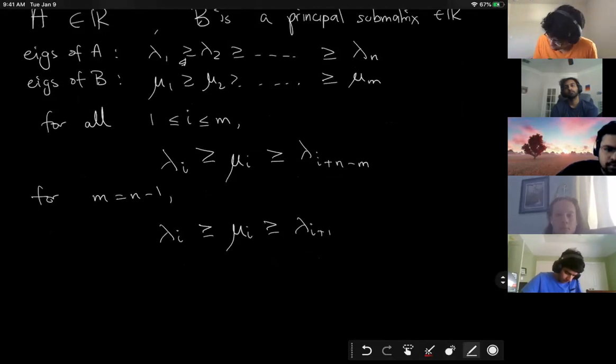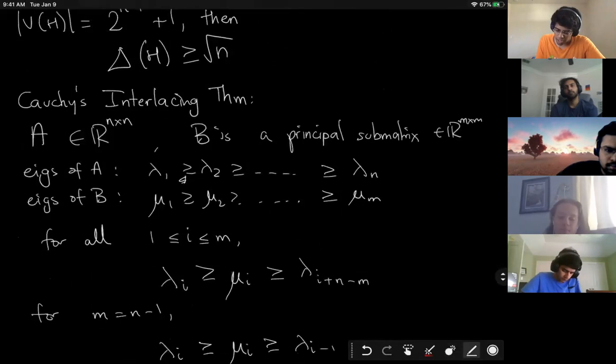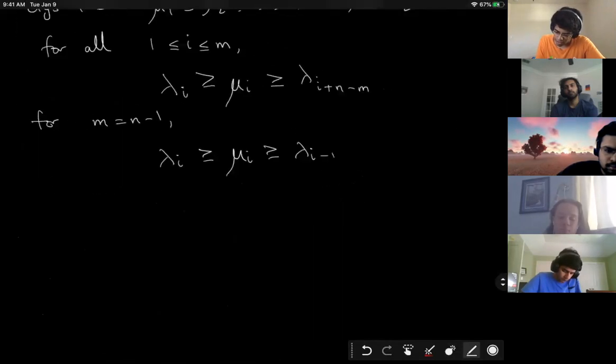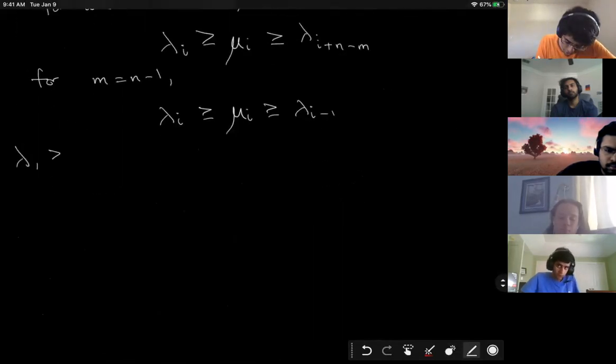Or sorry, i minus 1. Right? If you write the whole inequality chain out, you get that lambda 1 is greater than or equal to mu 1 is greater than or equal to lambda 2 is greater than or equal to mu 2, and so on.